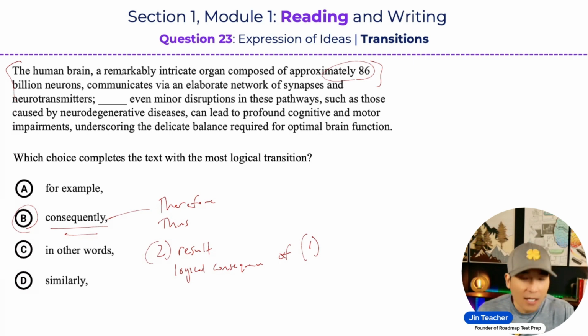Well, the natural consequence is there might be big problems even if we have minor disruptions. That's how complicated the system is. So if we have small disruptions, that could have a big impact. That would be a logical consequence, a natural result of that previous sentence. This is why B would have to be the correct answer, okay?